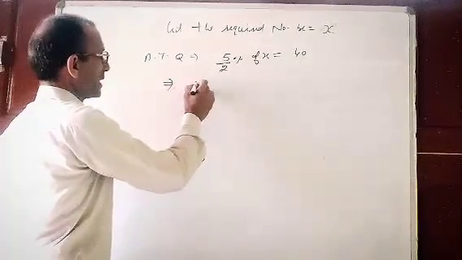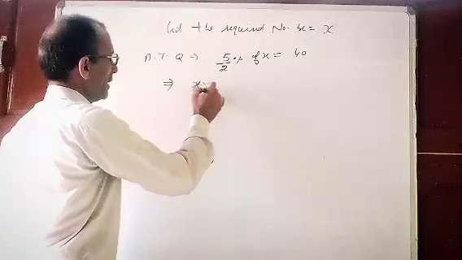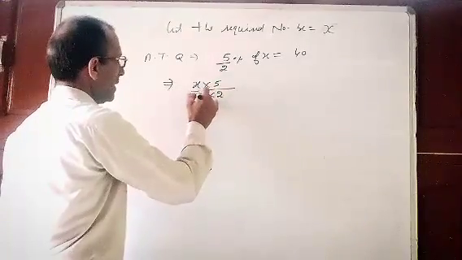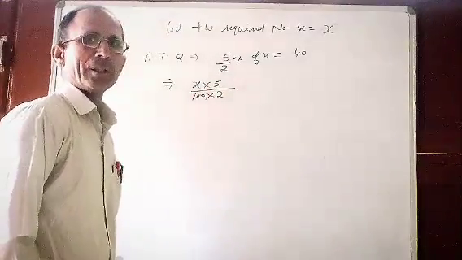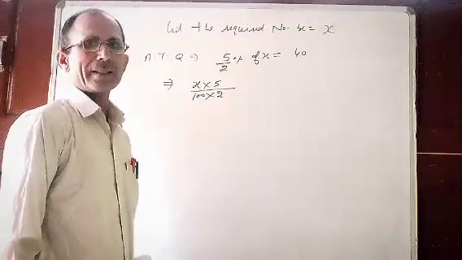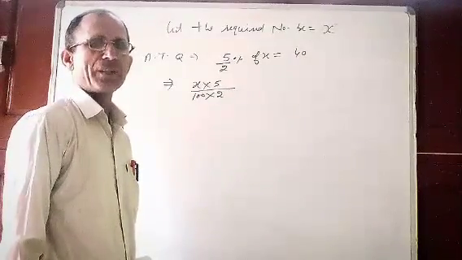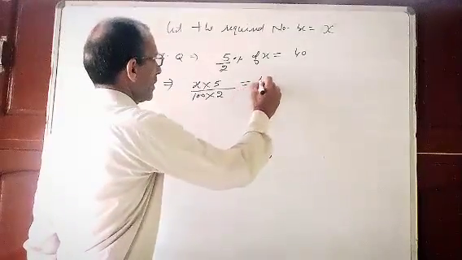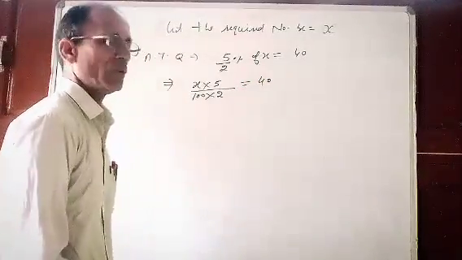So 5 by 2% of x, where x is the required number. 2% means divide by 100. I told you, percentage is written in the form of a fraction which has 100 as a denominator. So it is equal to 40.